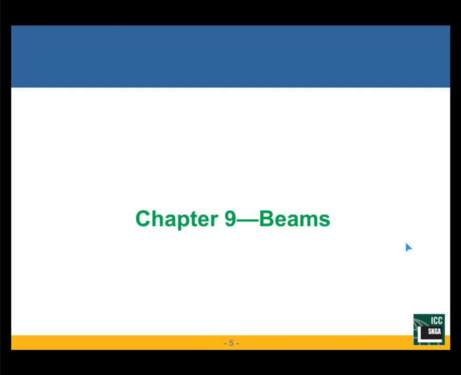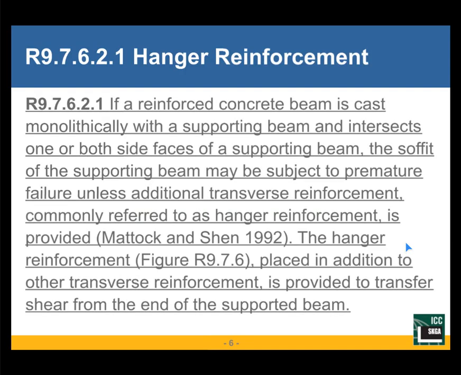As I said, we will start with chapter 9 of ACI 318-19 on beams. The first item is a change in the commentary. Any section starting with an R is a commentary section. The R is kind of baffling.